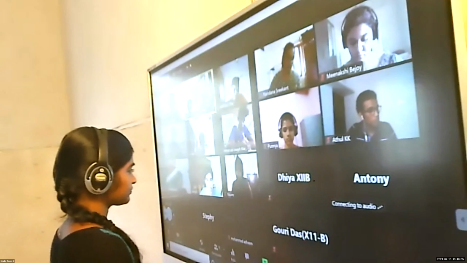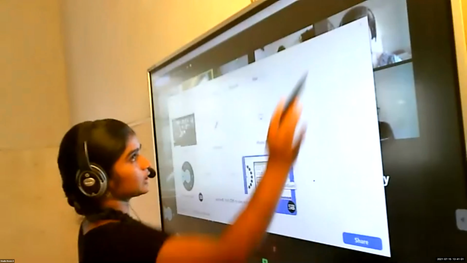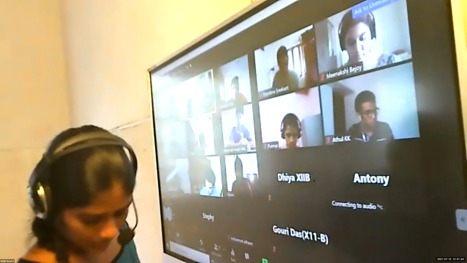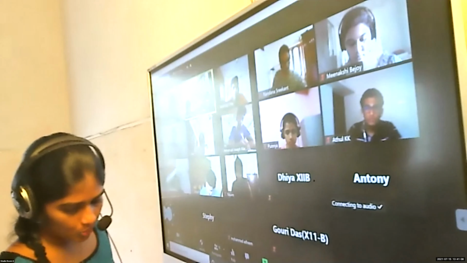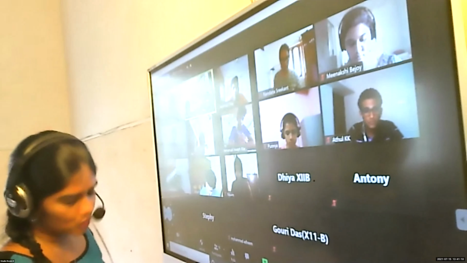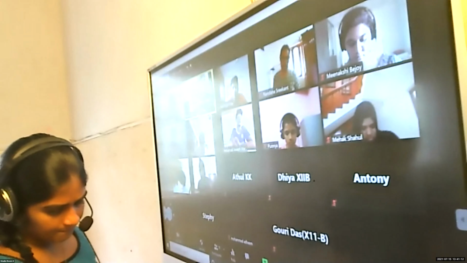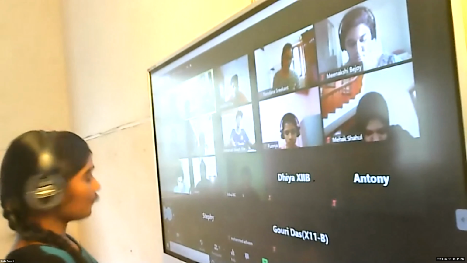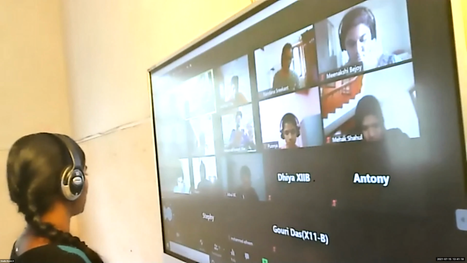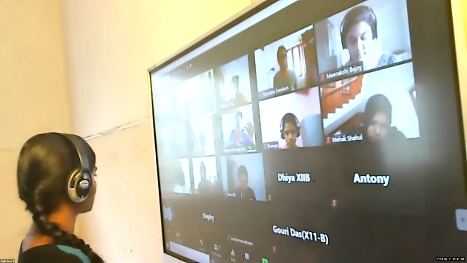How did we get it? It is similar to y equal to mx plus c. The equation ln K is equal to minus Ea by RT plus ln A. It's similar to y equal to mx plus c.